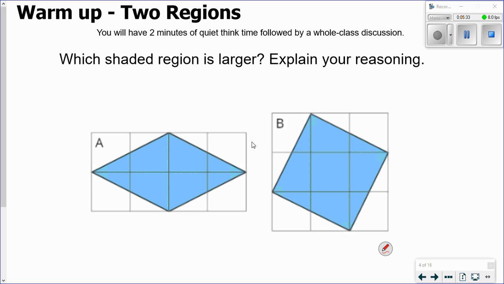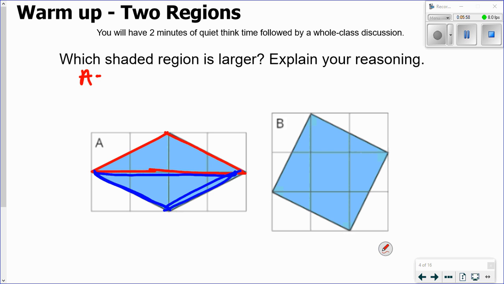So if I notice figure A, sorry, like I said, my smartboard is acting up today, is composed of a triangle at the top and then a second triangle of the same size at the bottom. So I could use my formula for area of a triangle and calculate the triangle at the top.